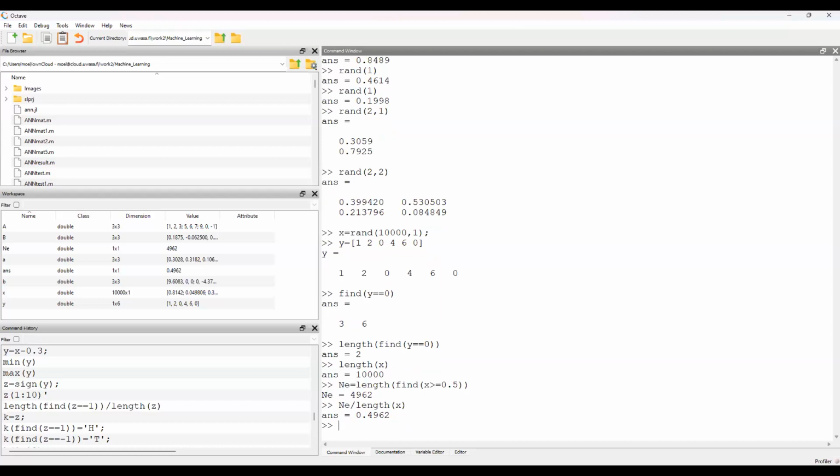Okay, now let us look at the case where you want to make a simulation for throwing a coin. Now you want to throw or flip a coin, and the coin has head and tail.